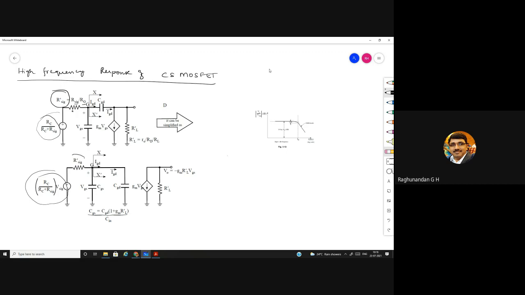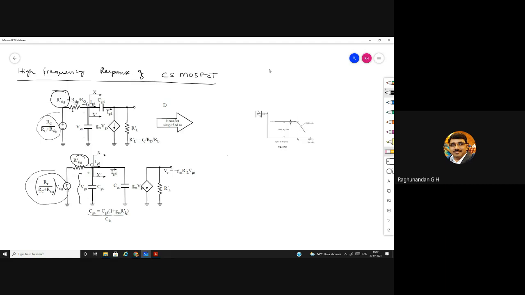We take it as R dash signal, the effective resistance of R signal and RG. Then the effective voltage is considered to be V signal into RC by RC plus R signal. Here RC is nothing but the overall resistance which is offered across this terminal.